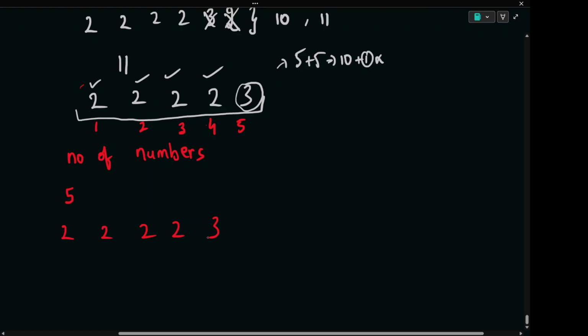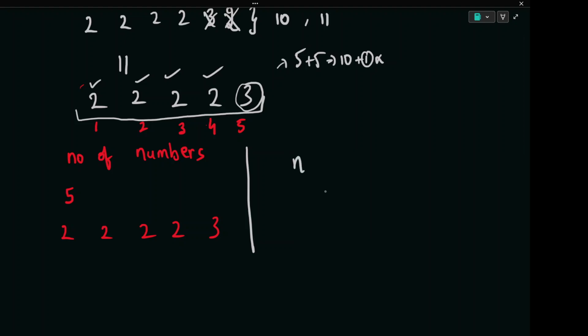So can I say that for any number n, the number of primes you can represent it with is nothing but n by 2? If it is 10, then 10 by 2 is 5 primes, that is 2, 2, 2, 2, 2.